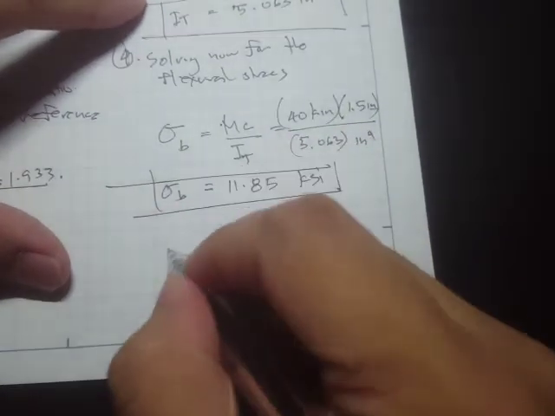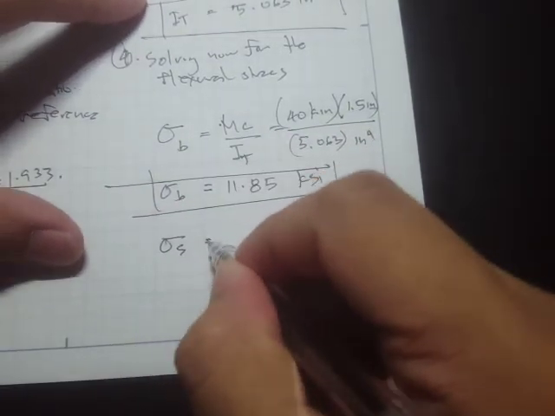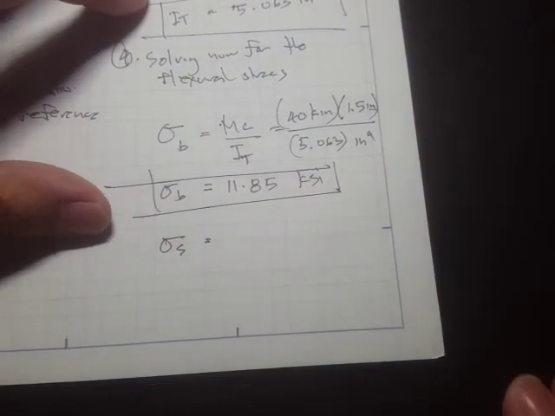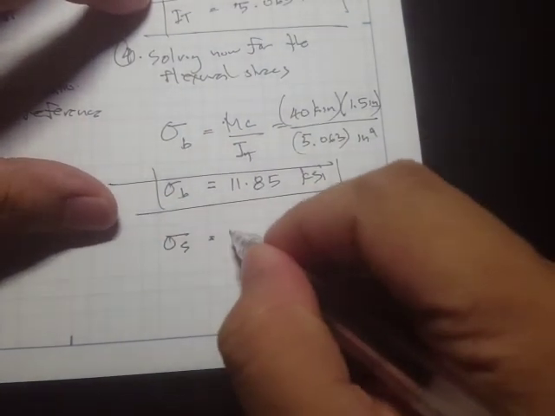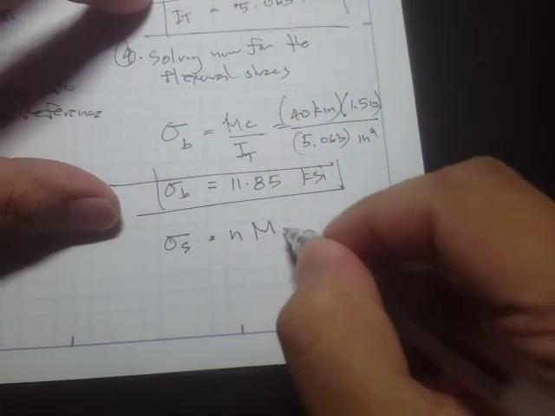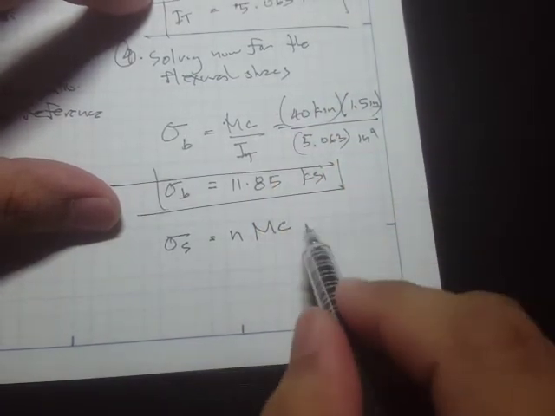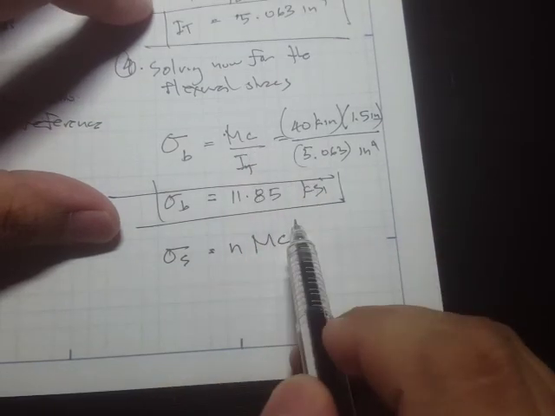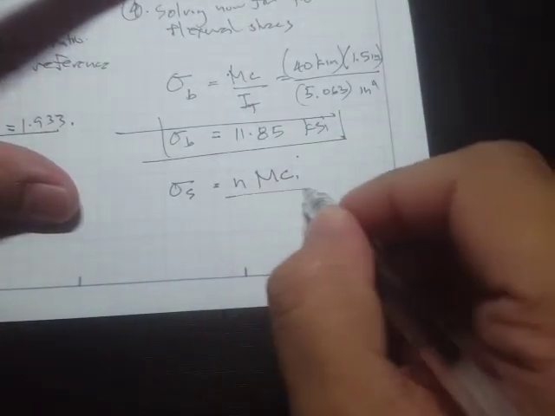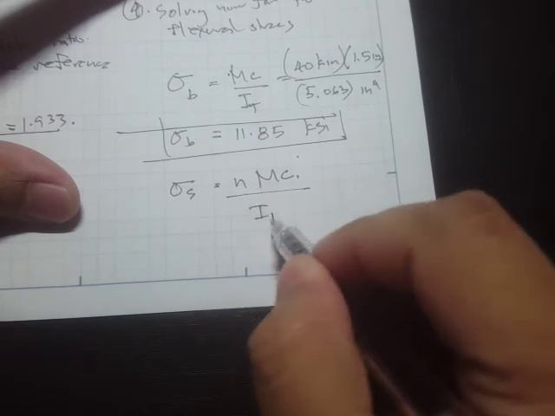And for steel, we just have to multiply by the modular ratio n. Let's write that, Mc over I total.